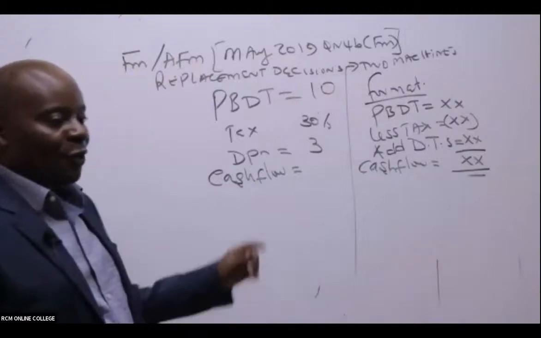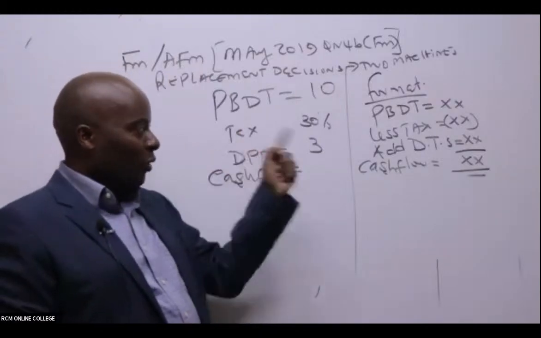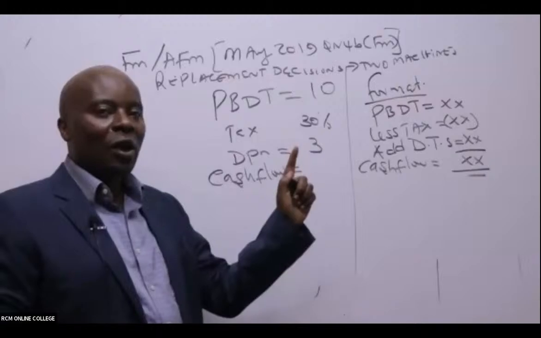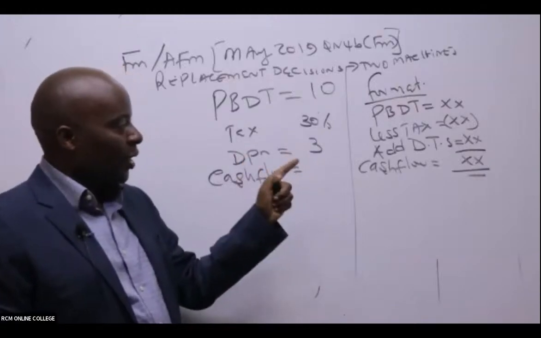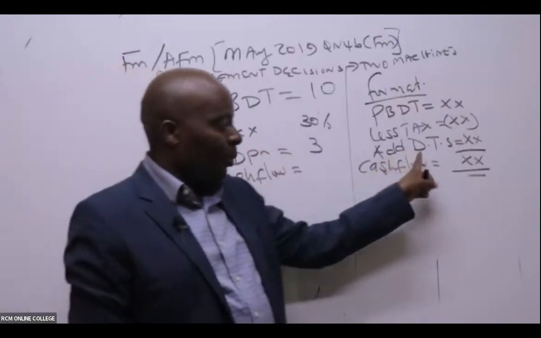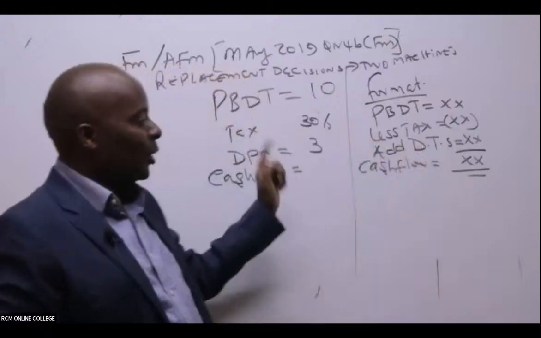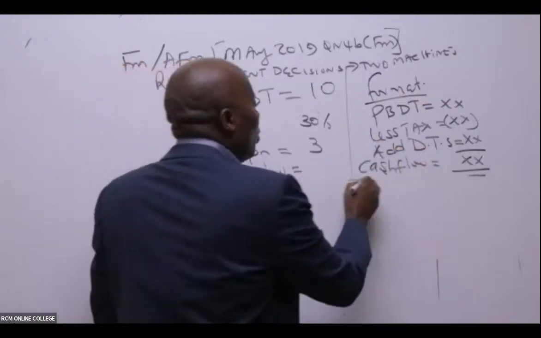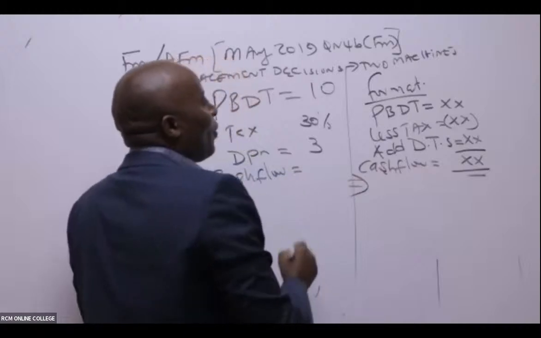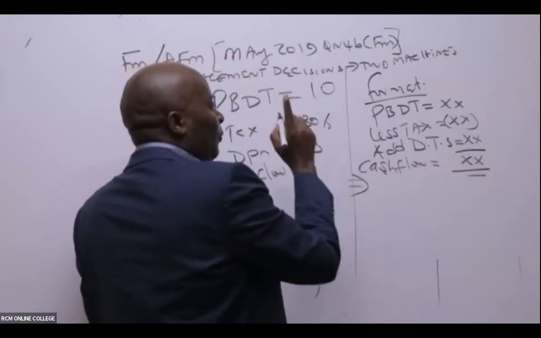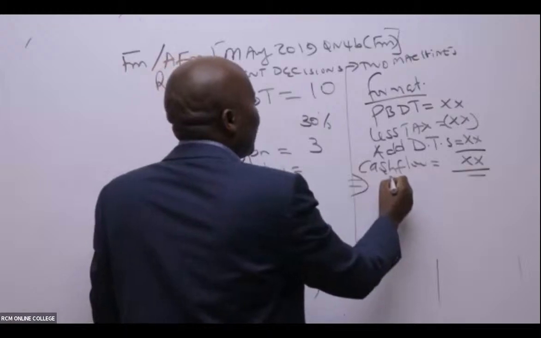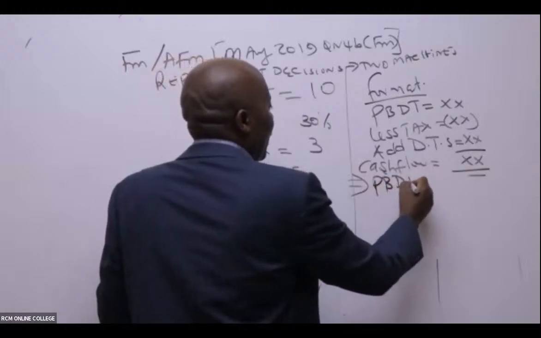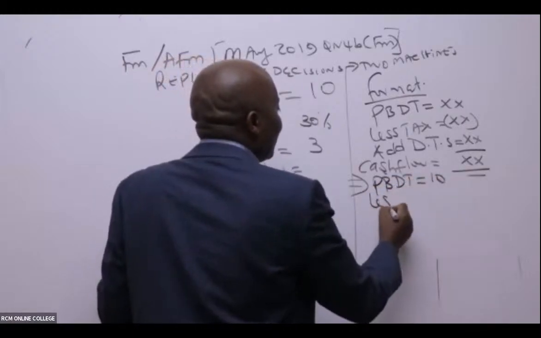So we take profit before depreciation and tax. If a figure is given, we tax it directly, and then we add a depreciation tax shield. So in this question, our profit before depreciation and tax has been given as 10. So PBDT is 10. Then we less tax.